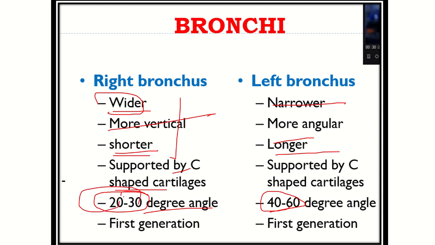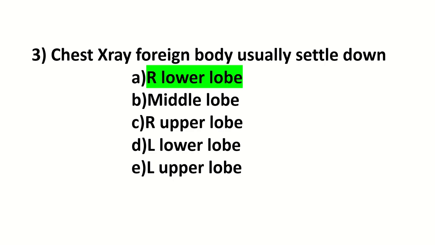The angle in the right bronchus is 20 to 30 degrees, which is less. So there is a chance of entry of the foreign body into the right main bronchus. So it is now clear that any foreign body which enters our trachea finally goes into the right lower lobe, because of the gravitational factor.